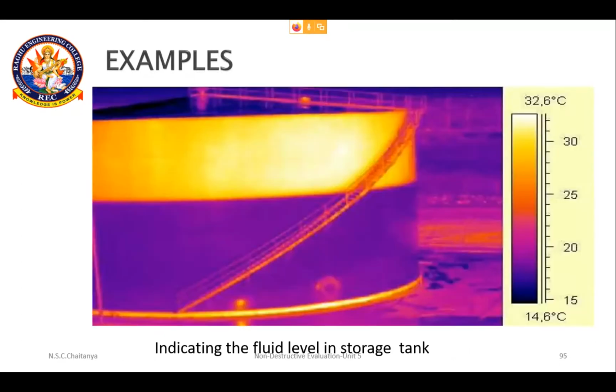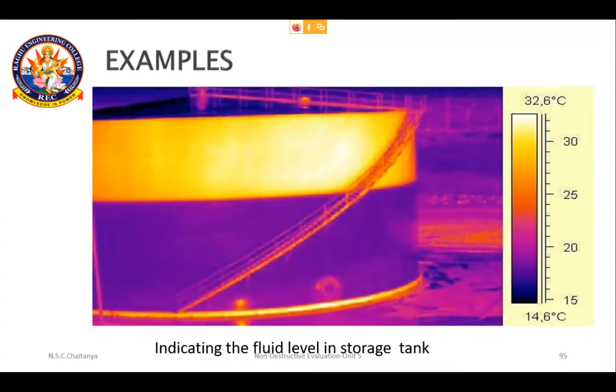Next slide, slide number 95. This is one more example, and it indicates a fluid level in storage tanks. This is quite easy: without even looking into the tank, just by clicking an image of the tank from the outside, they can say the level of the fluid that is stored in the tank. This is quite easy to identify because obviously the fluid is at a different temperature and the tank surface will be at a different temperature.